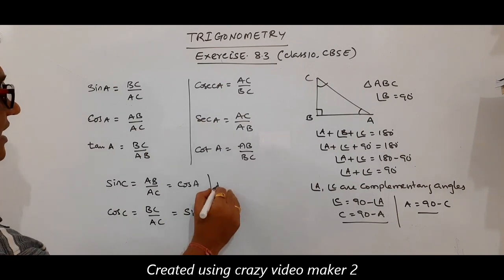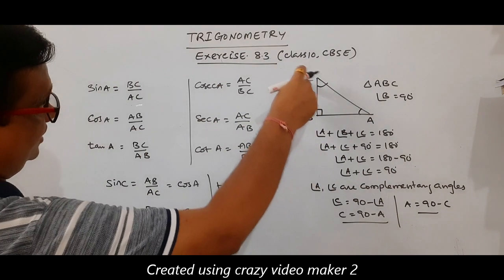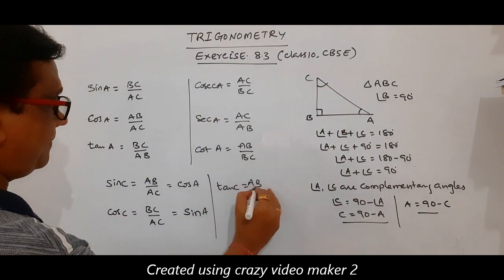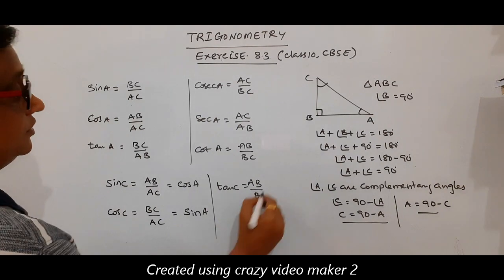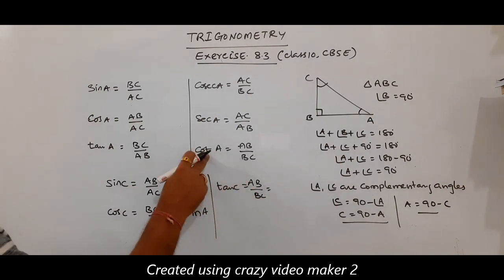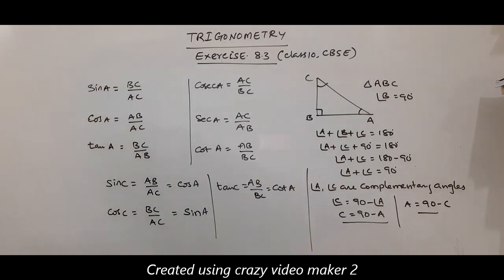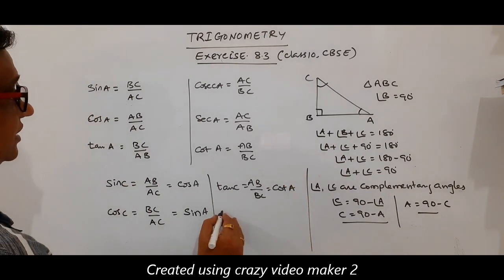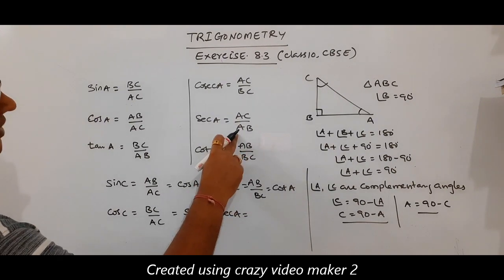If you write tan C, tan C means the opposite of C, AB by BC. It is nothing but cot A. Same as, secant A means AC by AB.